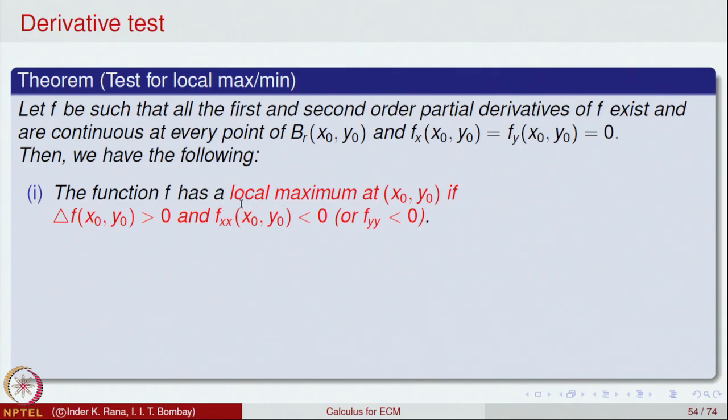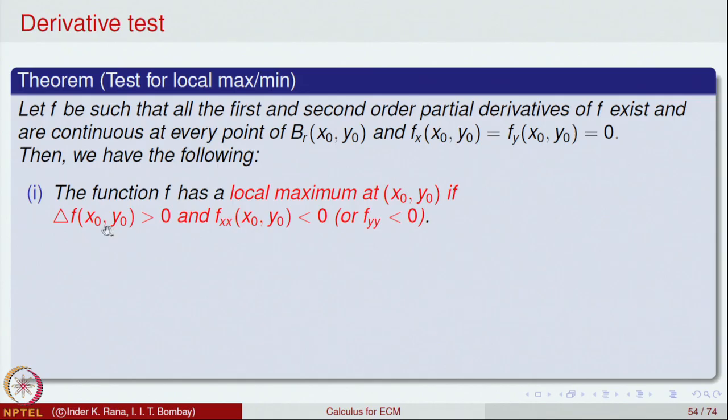So, the test says that the function will have a local maximum at the point (x0, y0) if the discriminant at that point is bigger than 0 and the partial derivative f_xx at that point is less than 0, or equivalently f_yy is less than 0. Either of them is enough.